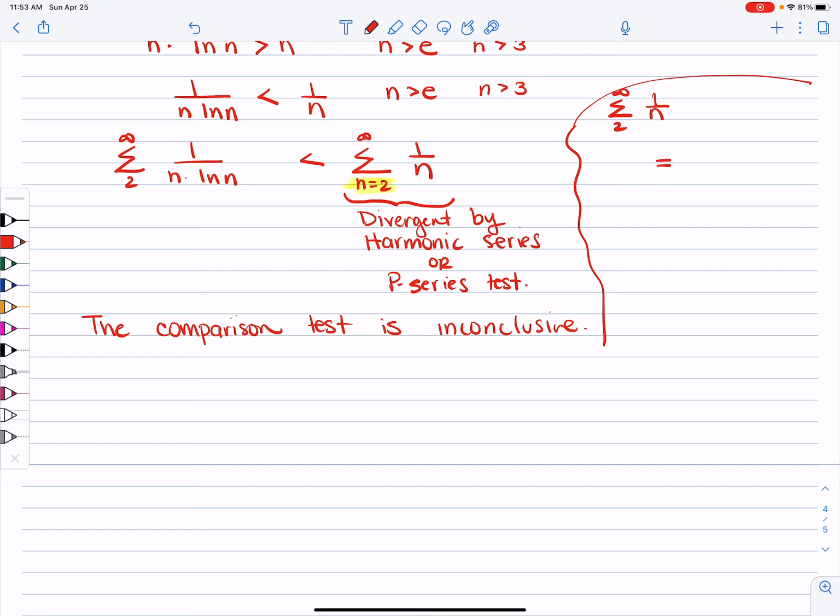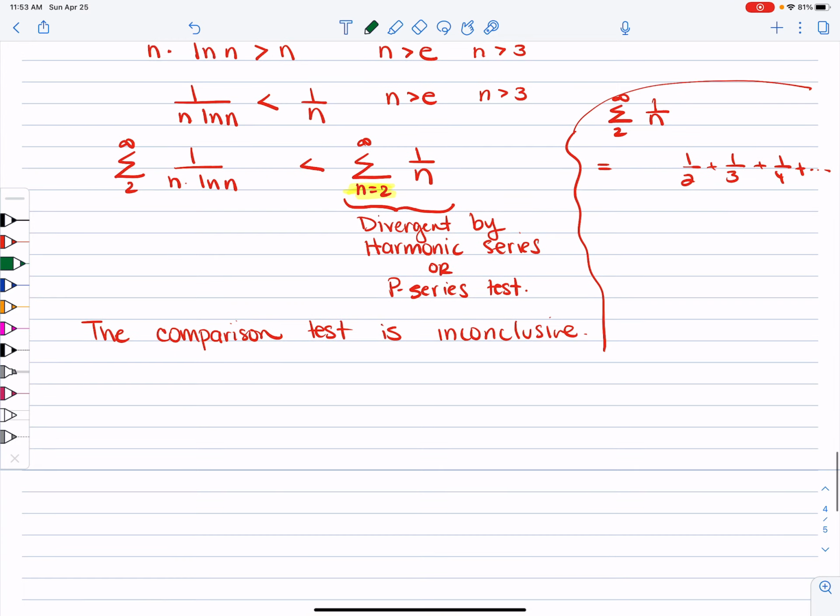That series is nothing other than 1/2 plus 1/3 plus 1/4 all the way till you get to 1 over infinity. The harmonic series begins at 1. So what I'm going to do is add 1 to that series, and I'm also going to subtract it.